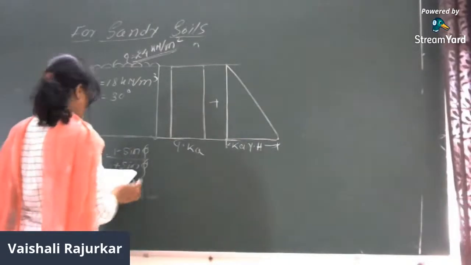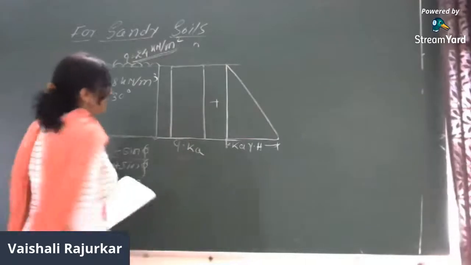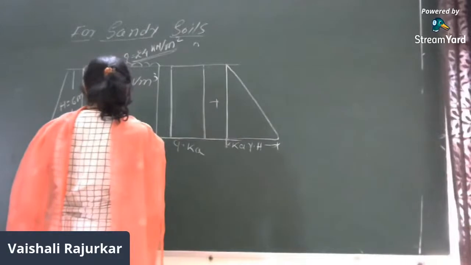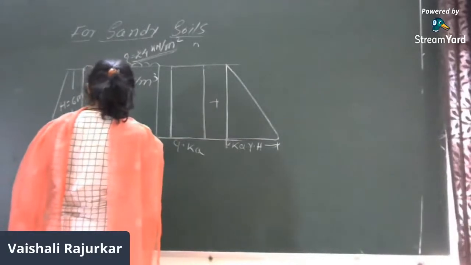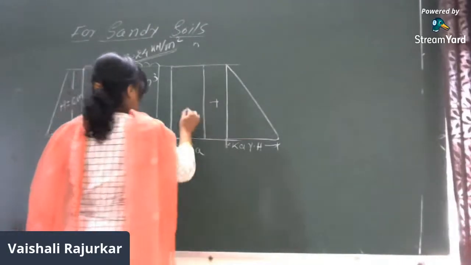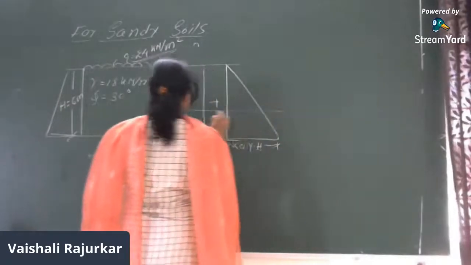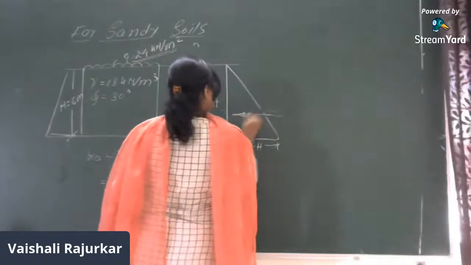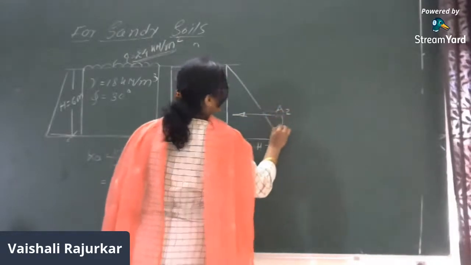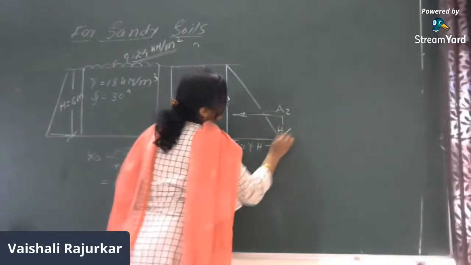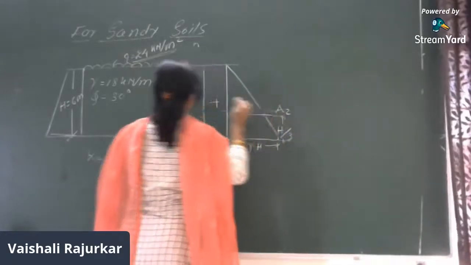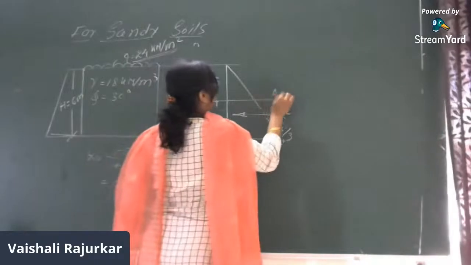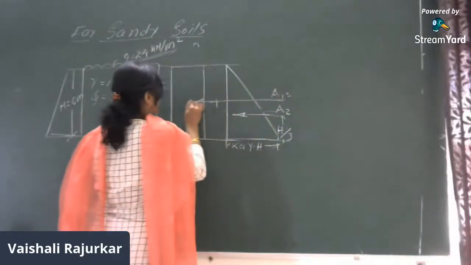So here we will just consider this is the area. So it will be 24 into 0.33. This is the first distribution diagram that is due to the surcharge. This is A2, which will be acting at h by 3 distance from the bottom, and here you can just calculate. This is A1, which will be acting at how much distance?